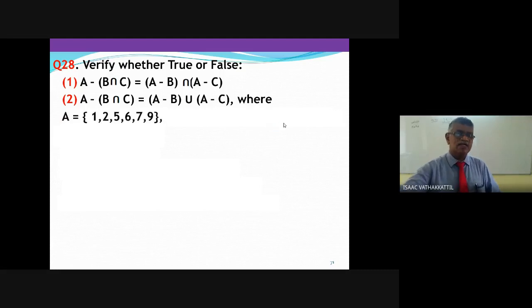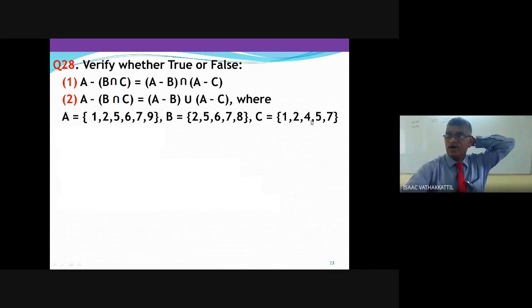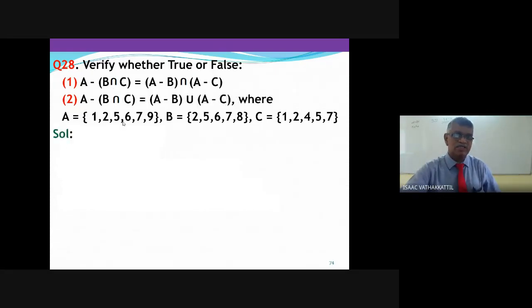For both, I am giving A, B and C. A is 1, 2, 5, 6, 7, 9. B is 2, 5, 6, 7, 8. And C is 1, 2, 4, 5, 7. That is for the first. What is B intersection C?